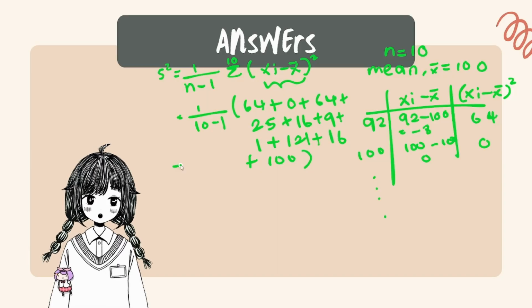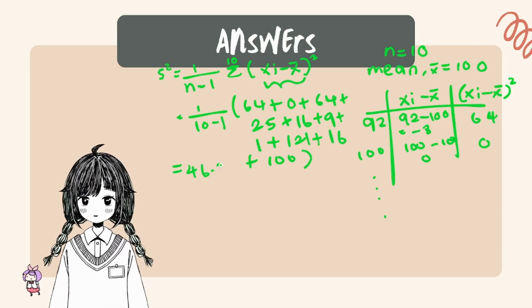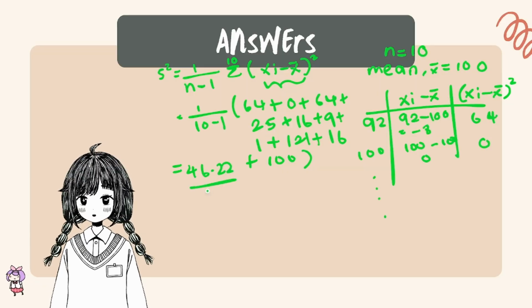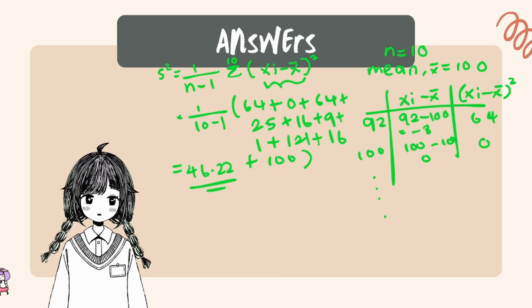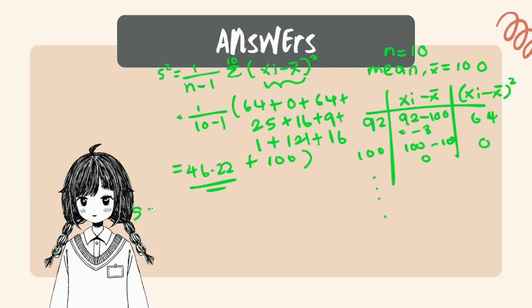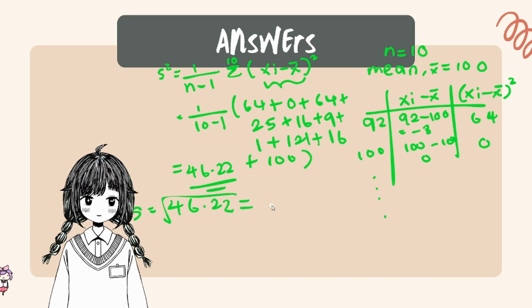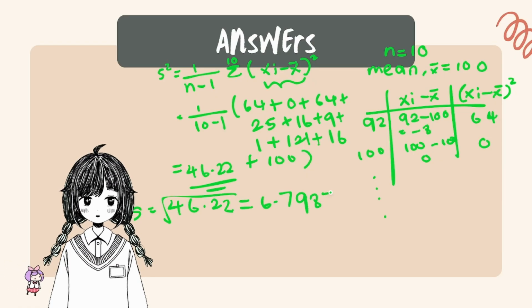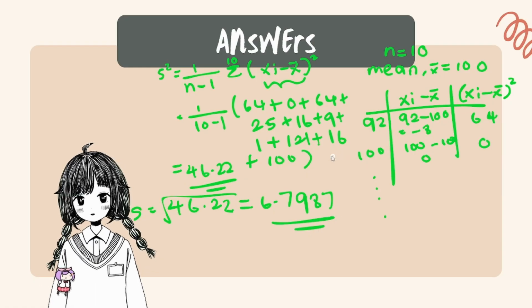So the final answer will be 46.2. This is our variance. Finally, for the standard deviation, we just take the square root of the answer we got from the variance, and the final answer will be 6.7987. And that's all. We have answered all the questions.